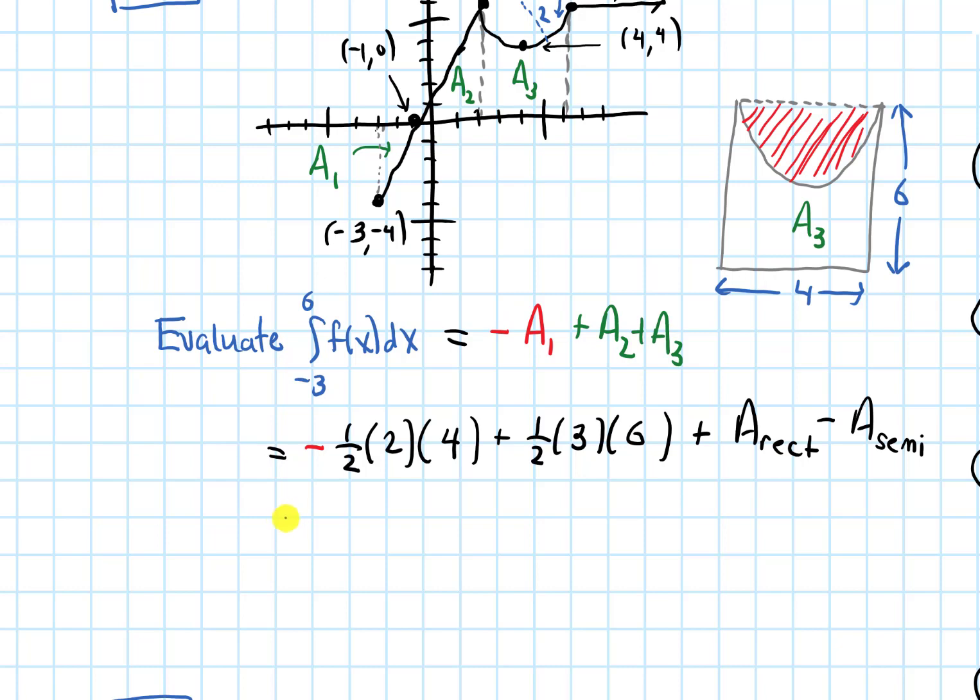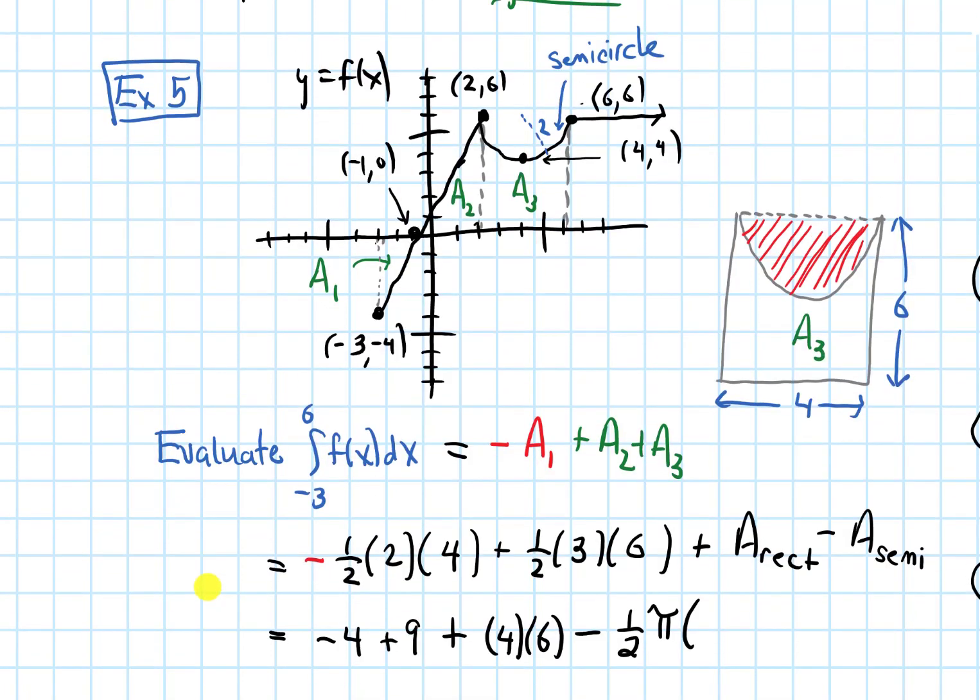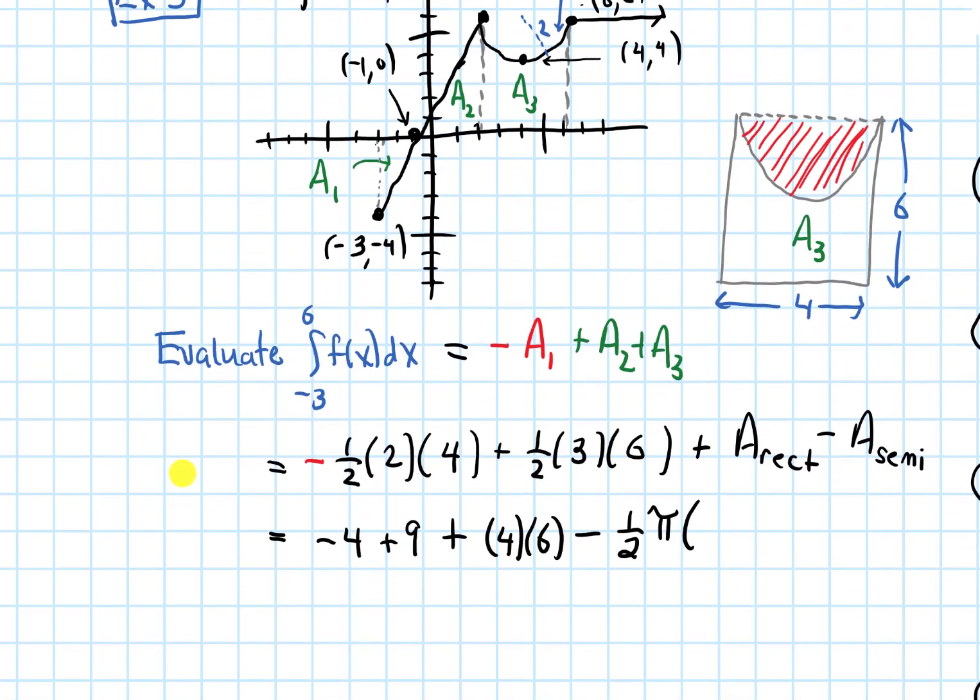Okay, so if I simplify these first areas, I'll get -4 and then plus 9. The area of the rectangle is going to be 4 times 6, length times width, and then minus area of a semicircle is 1/2 pi r squared, and the radius of that circle was 2. So we get 2 squared.